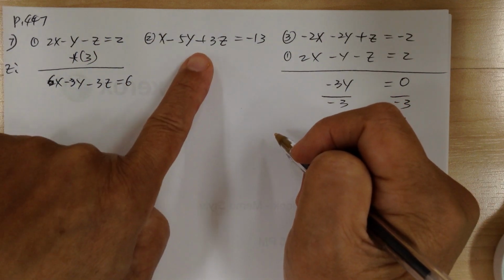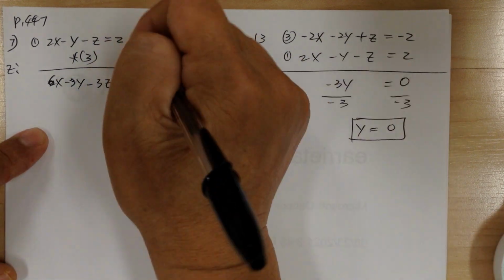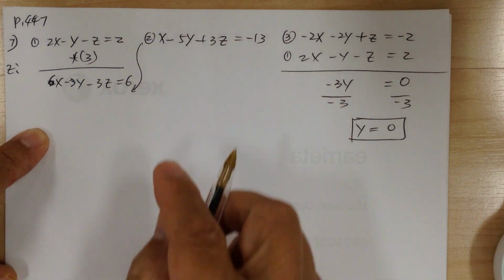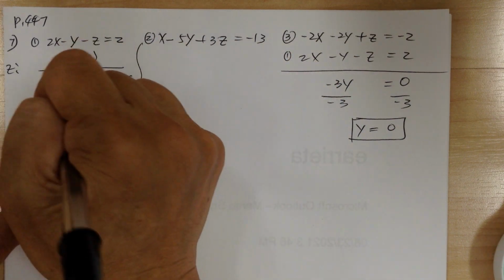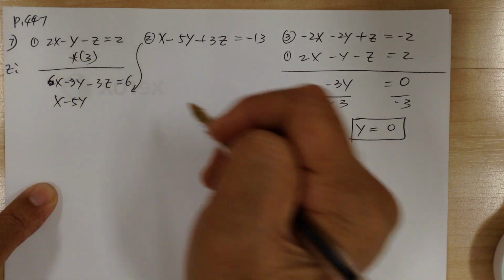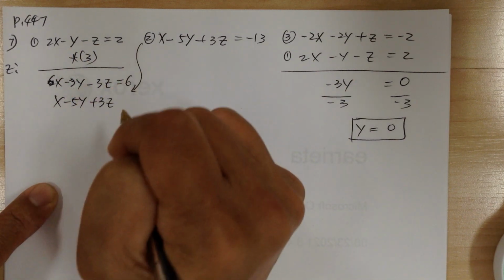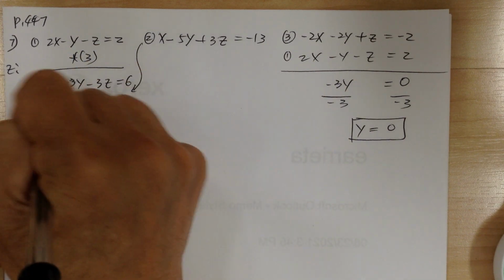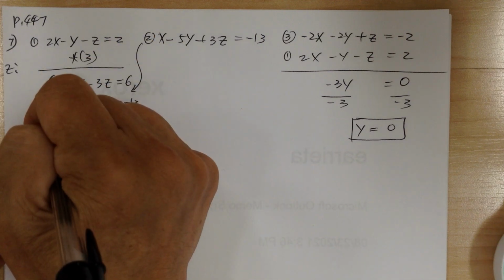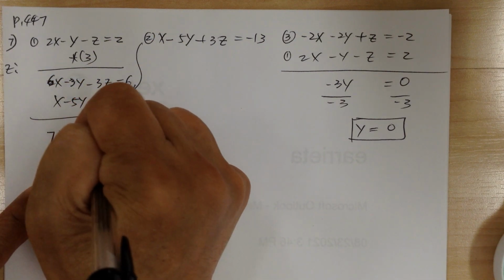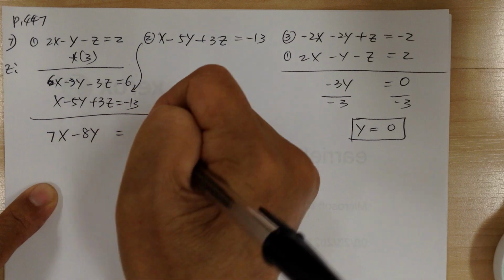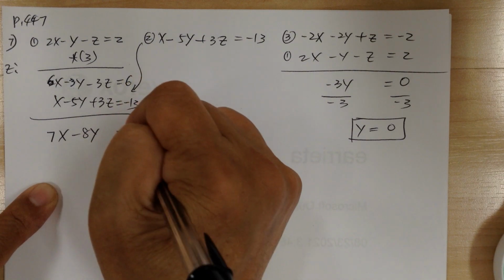And I'm going to put this under here. Now I'm going to put this under here because I want to save the space just in case I need it. So I get x minus 5y plus 3z equal to negative 13. So when I add, this cancels out. So I got 7x minus 8y is equal to negative 7.